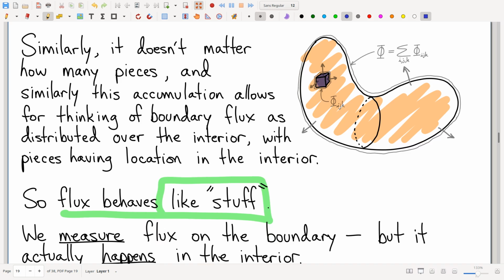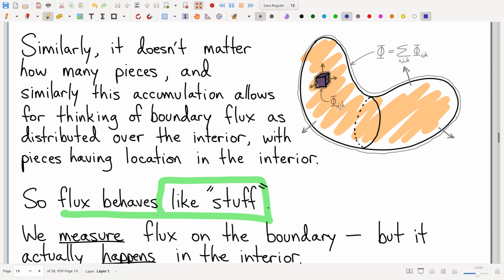And so, because it's an accumulating quantity, hypothetically, if you were to choose to think of this quantity that we're interested in, this accumulating quantity, it's called boundary flux, let's set that aside for the moment. If you just think of the quantity in question as being associated to the solid, and the whole is the sum of the parts, you can just think of it as being in the interior, and however much you get for each piece is how much of that stuff is in that piece.